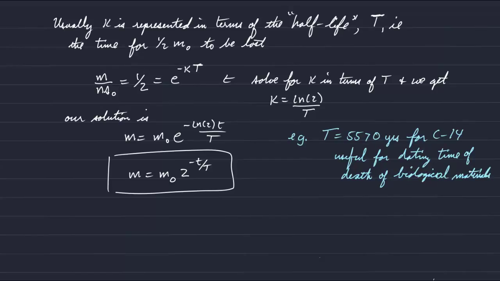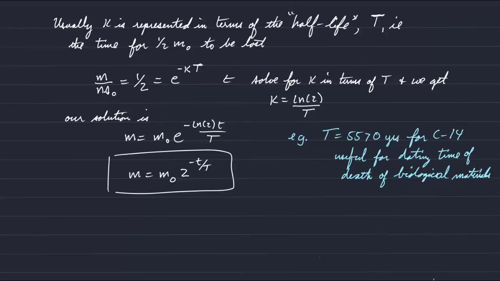The idea is that solar radiation of the atmosphere generates carbon-14, and that's a radioactive isotope. So while an organism is living, it's breathing and eating this carbon-14, and it becomes part of their bodies.